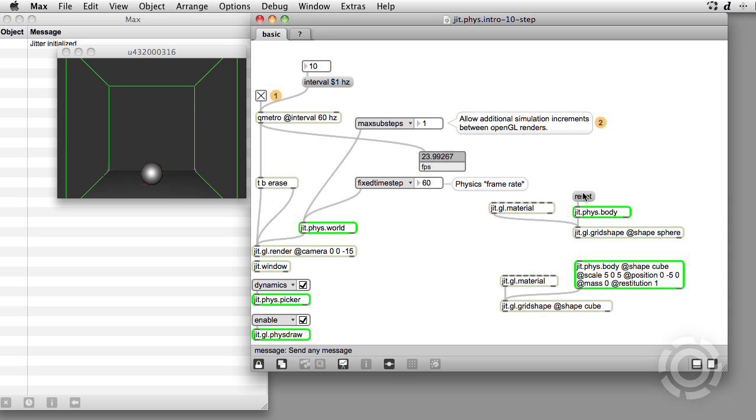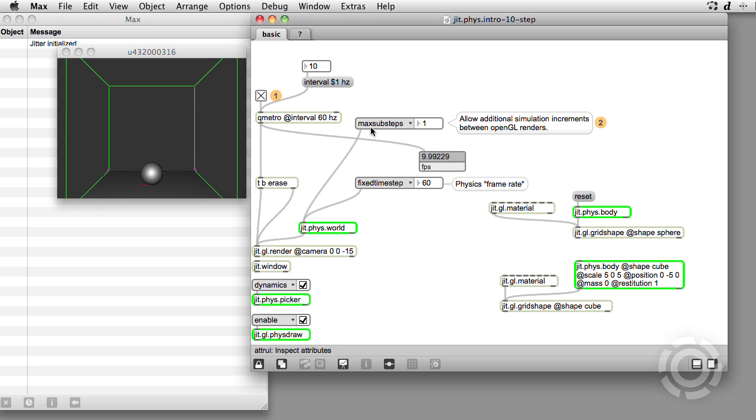The ball slows down. The 1/60th of a second steps are happening only when the render bang happens, that is 10 times a second, and the physics world doesn't skip steps to stay in sync. In this case, you have to give the world permission to do more calculations per render bang, or more substeps per step. We set this with the max substeps attribute.